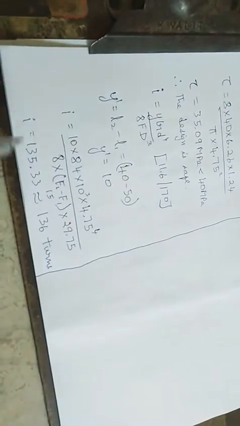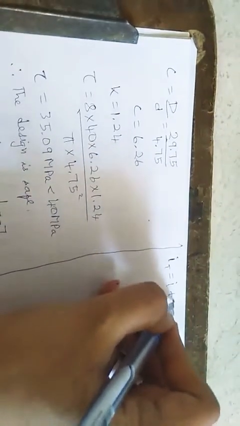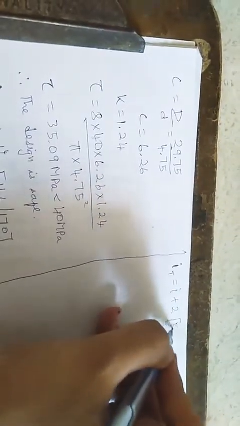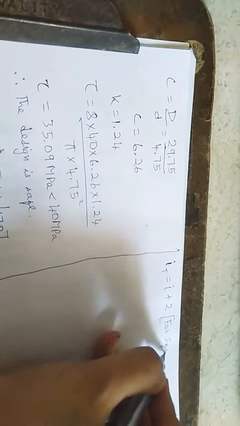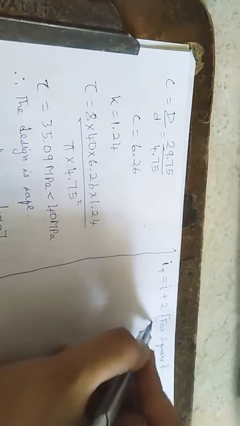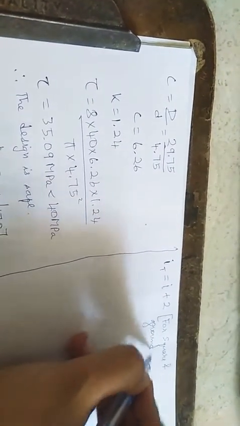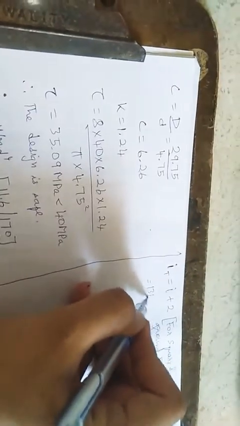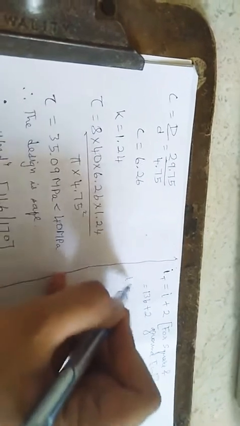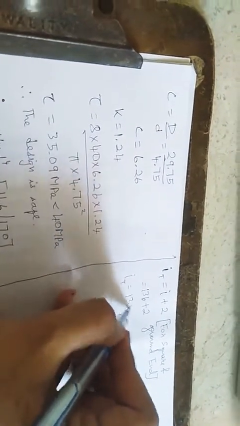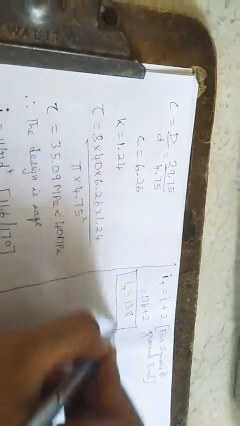So we have found out i is equal to 136 turns. To find the value of it, it is equal to i plus 2 for square and ground ends. Plus 2, so it is 138.